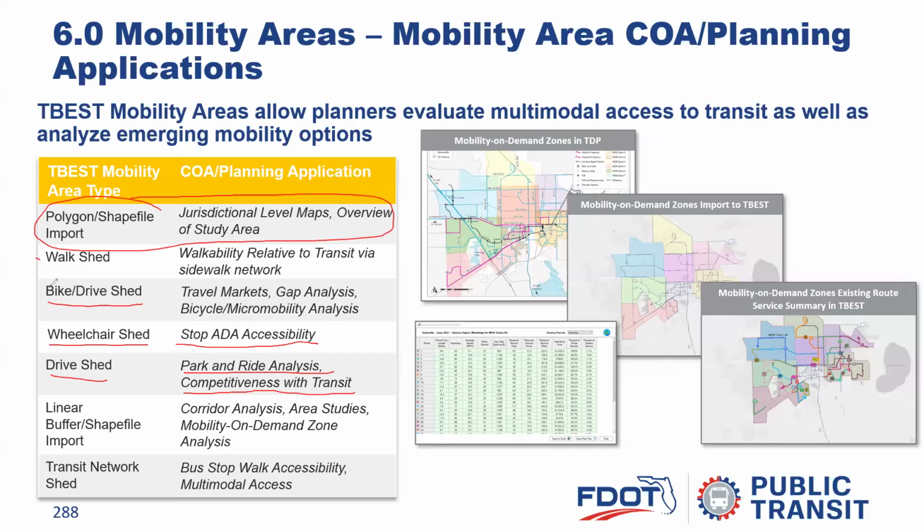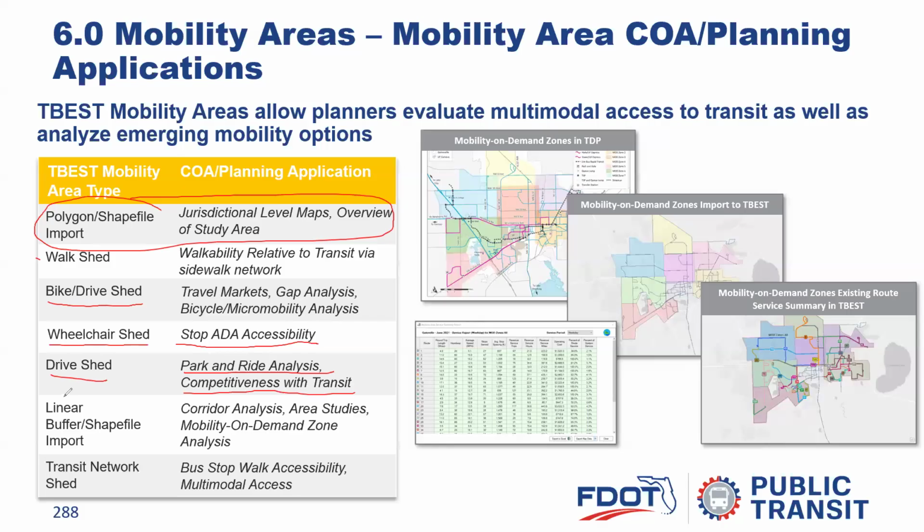So if you do have information on bike and drive sheds, or especially for park and rides, where you have an extended market that is accessible from that and who would use that park and ride, then you can override what's in T-BEST to have your drive shed number rather than the walk access number that T-BEST would calculate. So this is a chance to use some of these tools to override some of the values that are in T-BEST in terms of what the model calculates for stop level population and employment.